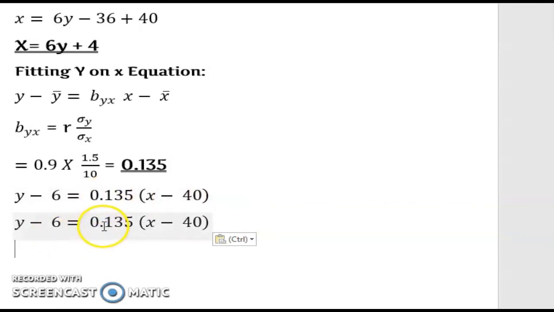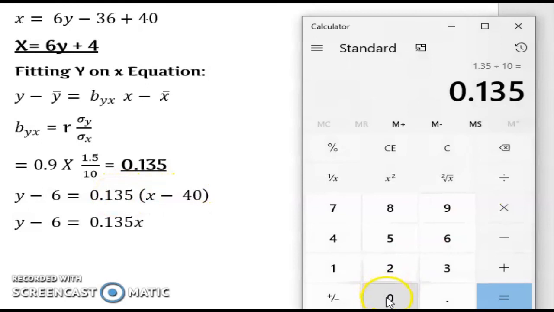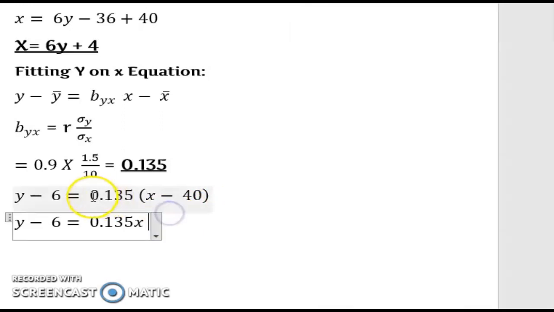Next 0.135 into x, so that will become 0.135x, right? Then 0.135 into 40. So let us do that. 0.135 into 40 is equal to 5.4. So plus into minus is minus, so it is minus 5.4.